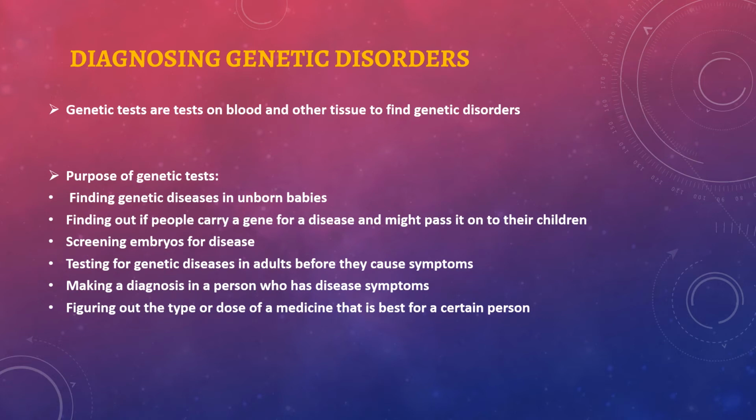Third, screening embryos for diseases. Fourth, testing for genetic disease in adults before they cause symptoms. Then making a diagnosis in a person who has disease symptoms. And last, figuring out the type or dose of a medicine that is best for a certain person. So these are the purposes why we do a genetic test.